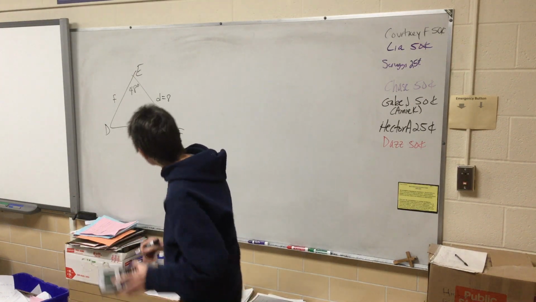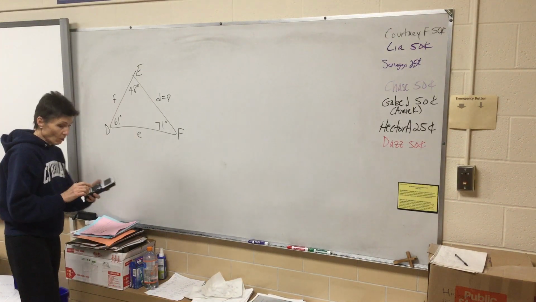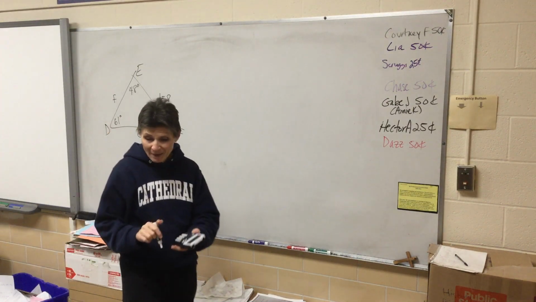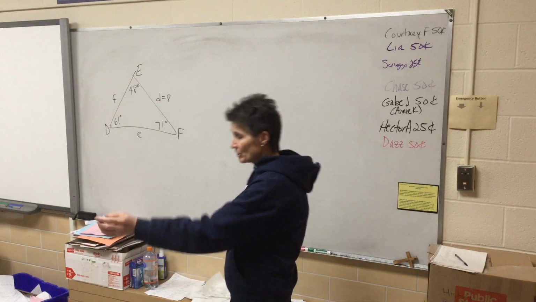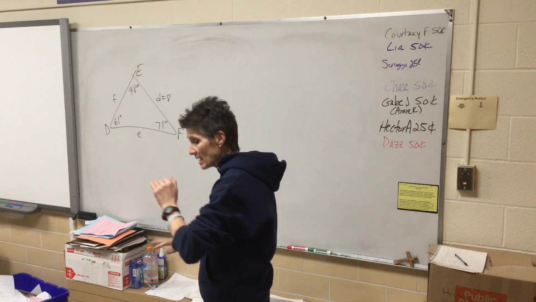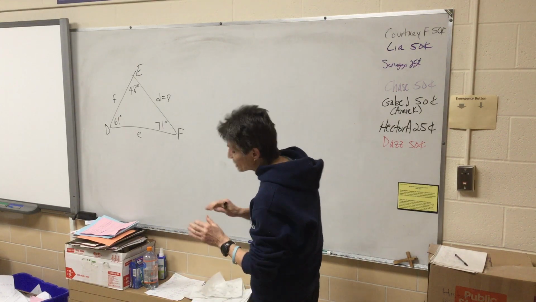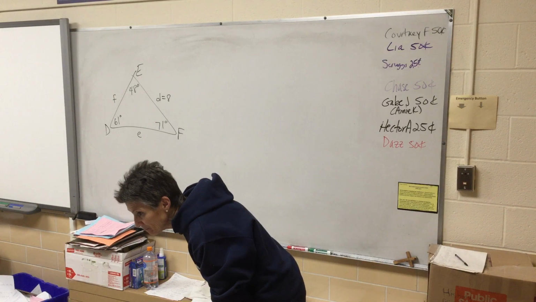All right, so here we go. Now, you always, always, always want to look for your pair. In other words, angle D, side D, angle E, side E, angle F, side F. That's where you want to start. So which pair do we have?